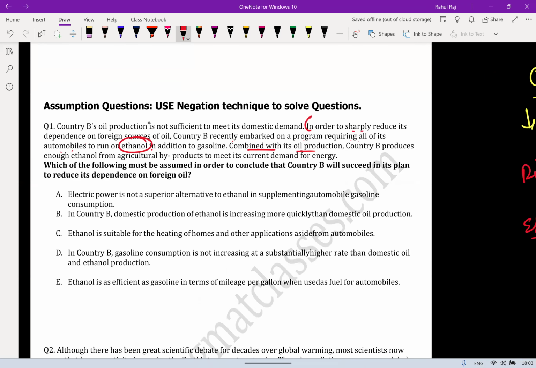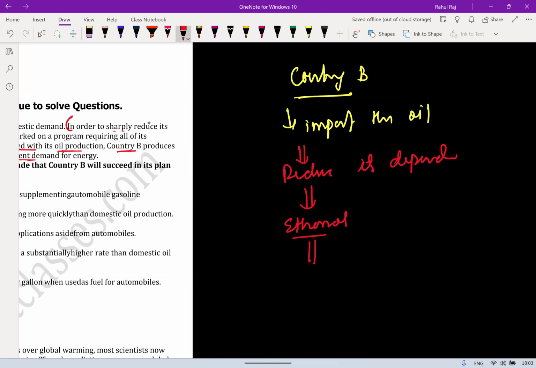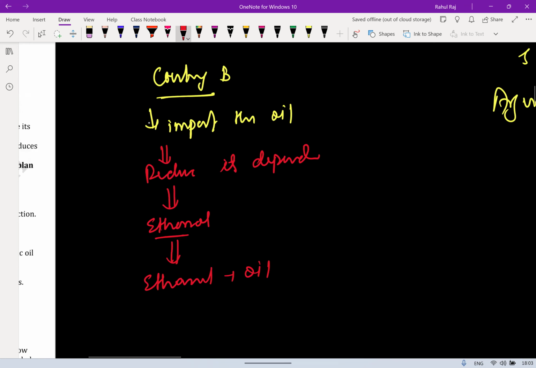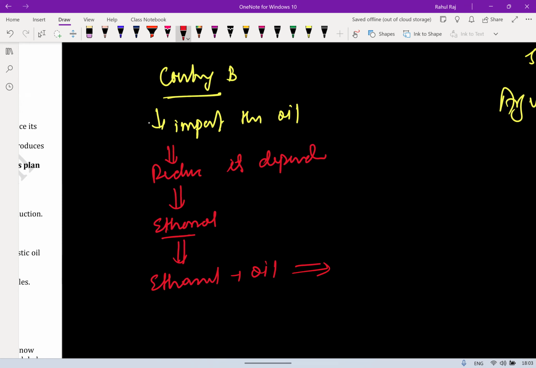Combined with its oil production, country B produces enough ethanol from agriculture byproduct to meet its current demand. Now they are coming down to a conclusion saying that ethanol plus oil is sufficient to meet the current demand.